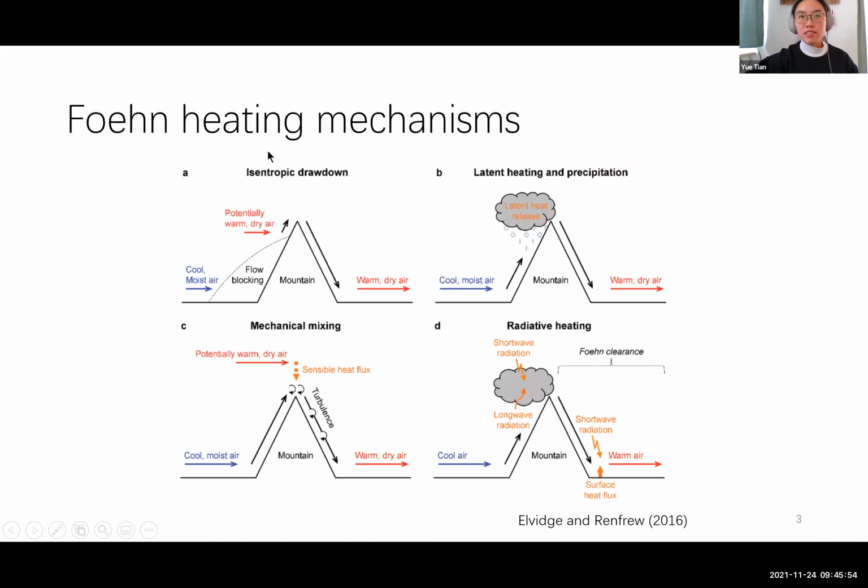And what are the mechanisms causing foehn heating in the downstream or foehn valleys?